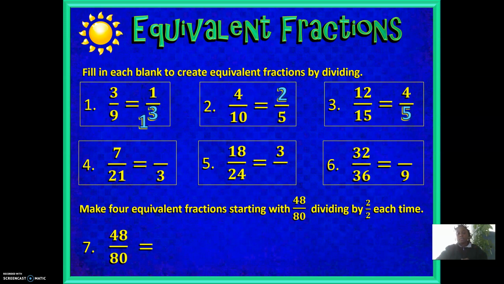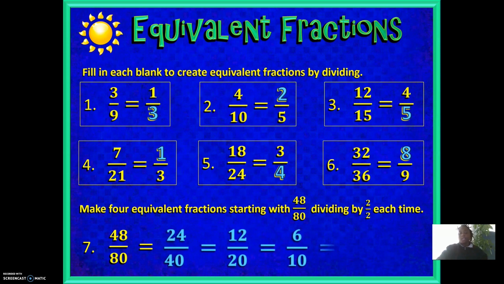For number 4, 1. For number 5, 4. For number 6, 8. The last and final question, you should have gotten a final answer of 3/5. You can't divide 3/5 any further because 3 and 5 do not share a common factor. We'll talk about that tomorrow.